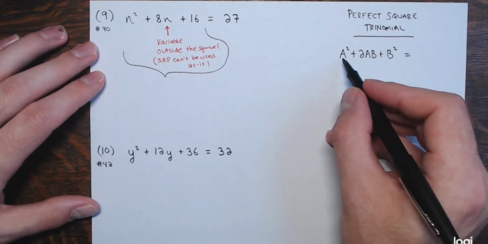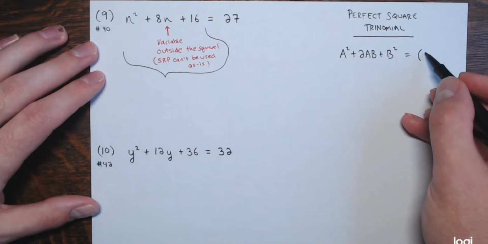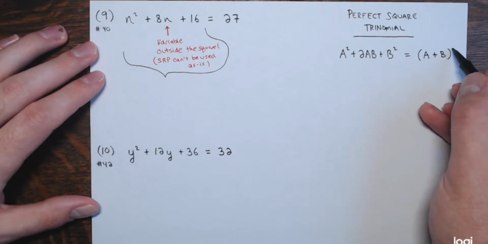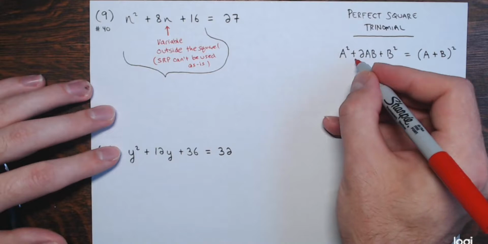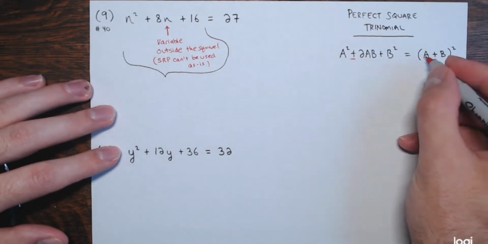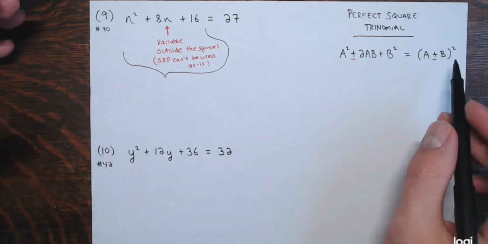Any trinomial of this form is a perfect square, and can factor as the same factor twice, as a plus b, squared. Or if you have a squared minus 2ab plus b squared, it'll factor to a minus b, that quantity squared. So again, that might ring a bell.